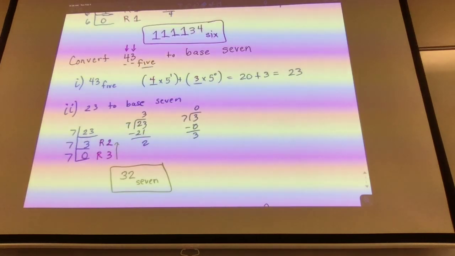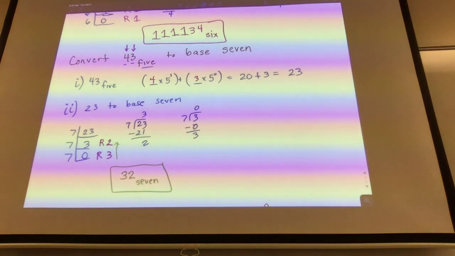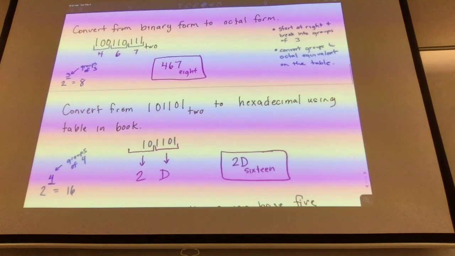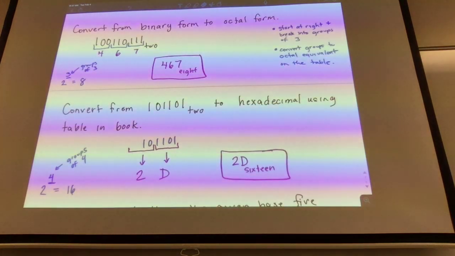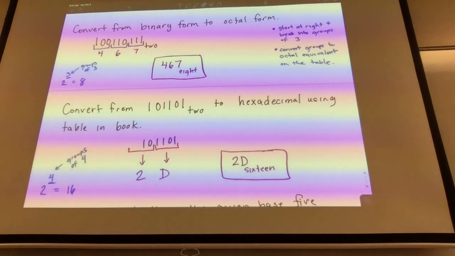And then if they ask you to go from a base other than 10 to another base other than 10, we have to do 2 steps. First convert it to base 10 and then use that same process to get it back to the next base, whichever one you choose, using division and remainders. And then if you're going from binary to octal or from binary to hexadecimal, you will use the table for that. The only part you have to figure out here is how to group it.